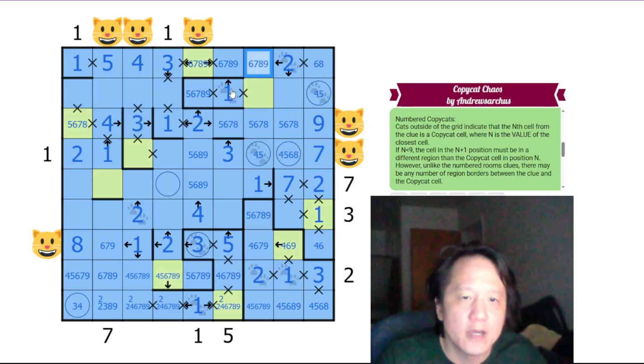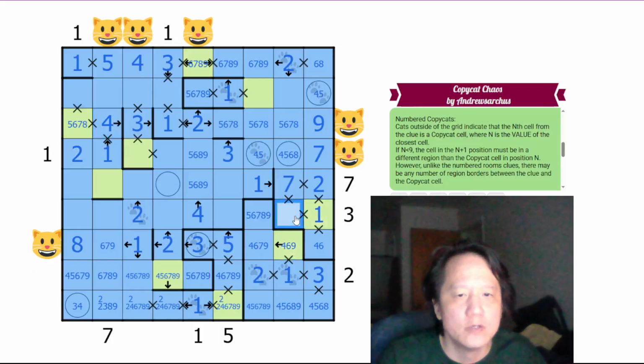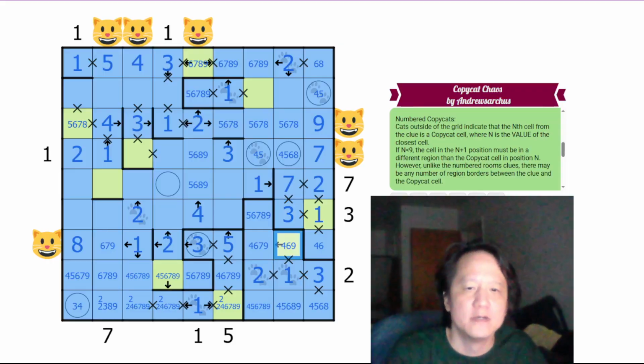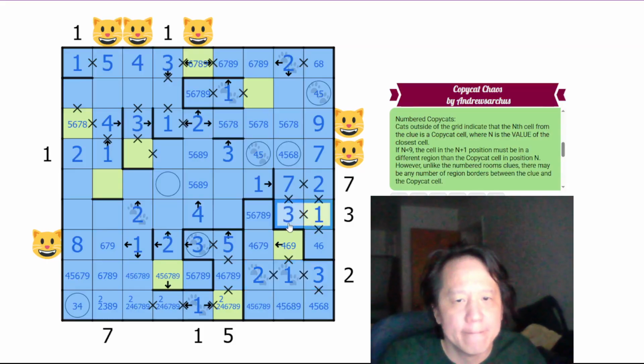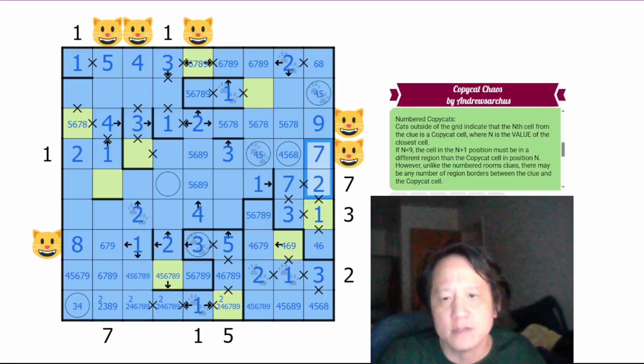This is copycatting a 1. This is copycatting a 3. This is copycatting a 4. This is copycatting 2. Oh, this has to be a 3. Because the value is 3. These are not part of the same region. Because there's an extra 7.